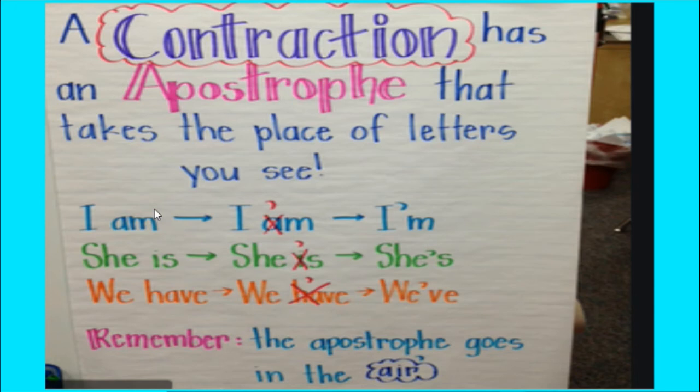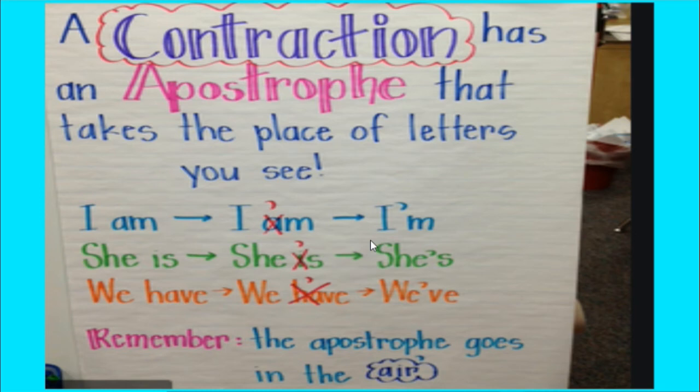A contraction has an apostrophe that takes the place of letters. For example, I am. So you use the apostrophe here to make the word smaller. We remove the A and then we join it. Therefore, we form one word instead of having two words there. For example, she is, so we form a contraction word by adding an apostrophe.